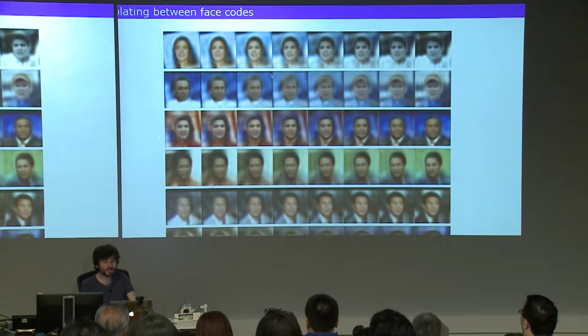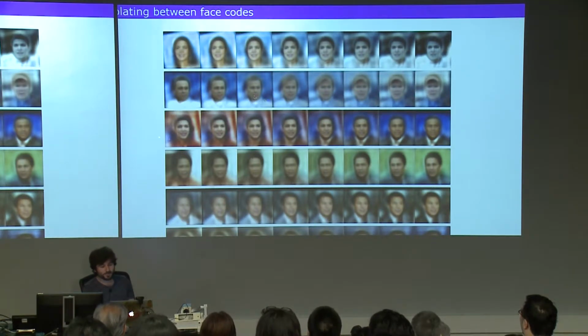And what's even cooler is that you see that it learns high-level features of faces. So for example, you can see that from this point right here to this point, the hair gradually becomes a hat. So that's kind of cool. You see a morphing of hair to hat along some vector in this PCA space, right?